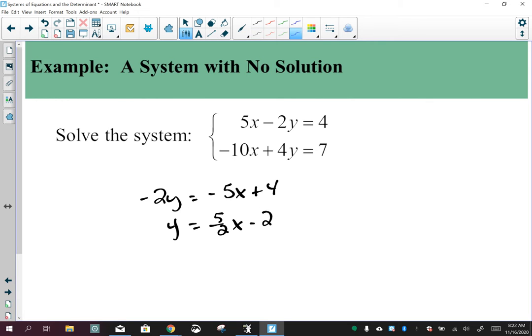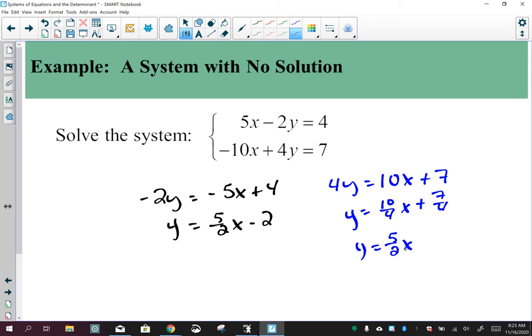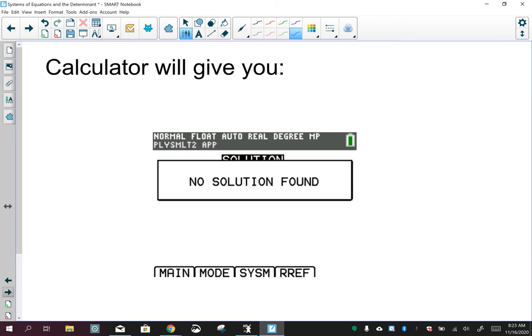And then I solve the second one. 4y is equal to 10x plus 7, so y is equal to 10 over 4 x plus 7 over 4. Notice that this 10 over 4 x is the same thing as 5 over 2 x. Both of these have the same slope, and since they have the same slope, they are parallel, which means there's no solution, and your calculator will tell you that.